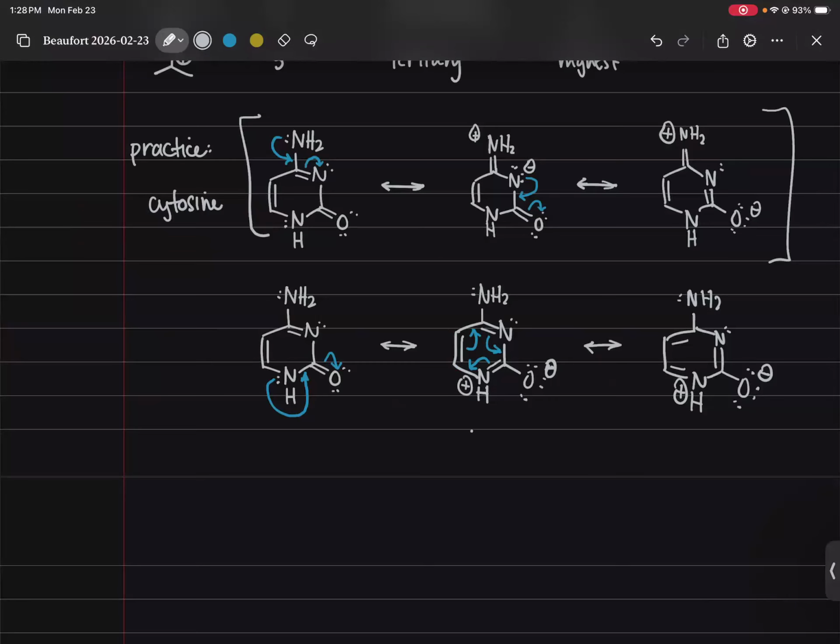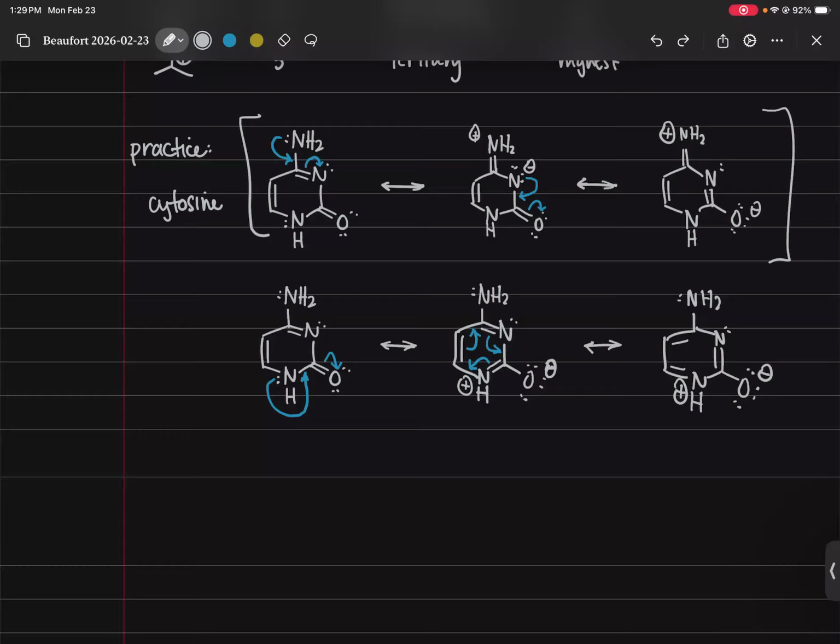And you can see these two structures here are the same, except the pi bonds in the ring have just been rotated around. If you came up with other things, that's totally okay, as long as you haven't broken the rules. Can't make or break any single bonds and can't exceed an octet. And your structures should be good.